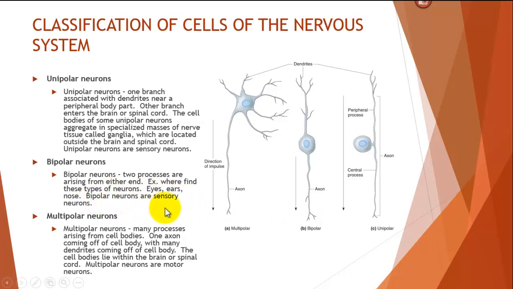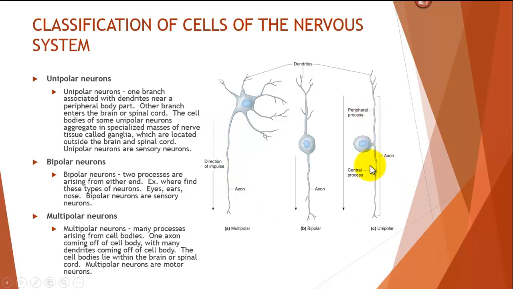Bipolar neurons are sensory neurons also. So these two are sensory neurons, carrying information into the brain or spinal cord. This one, which I showed you originally in our neuron model, is called a multipolar neuron. Now, they're motor neurons. So here are the dendrites. See, there's the nucleus. This is the axon.